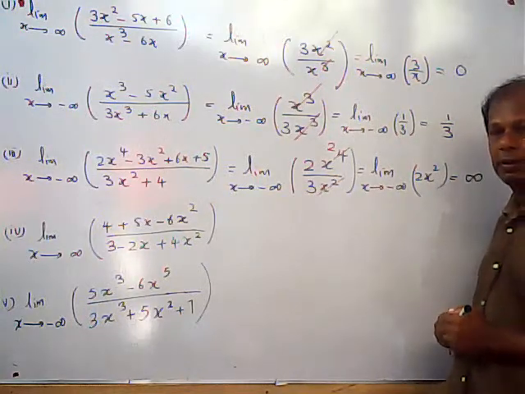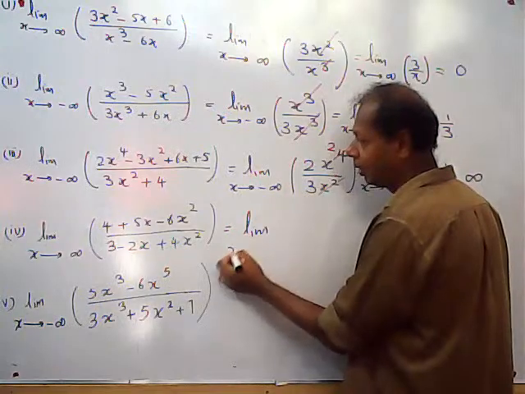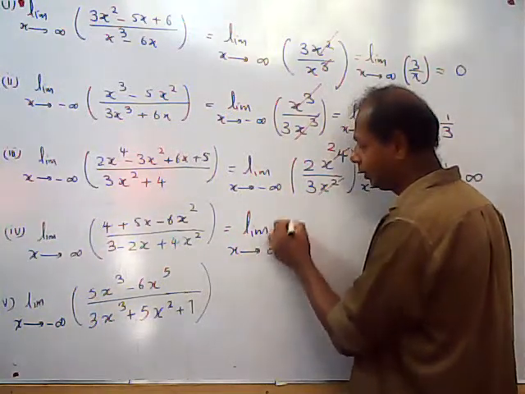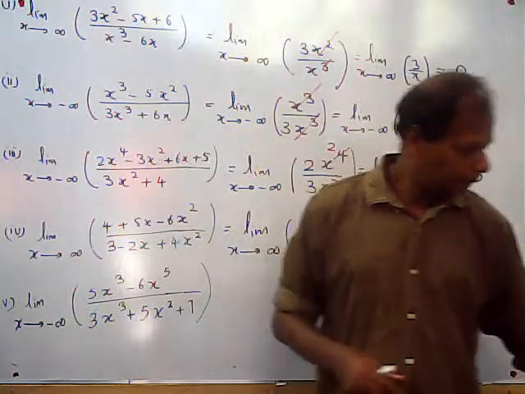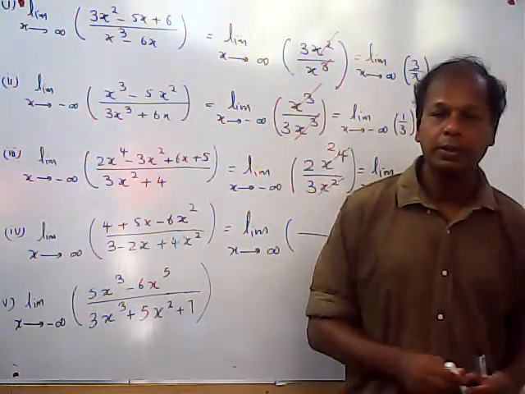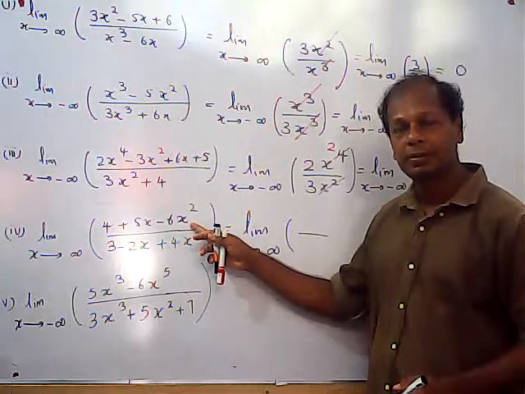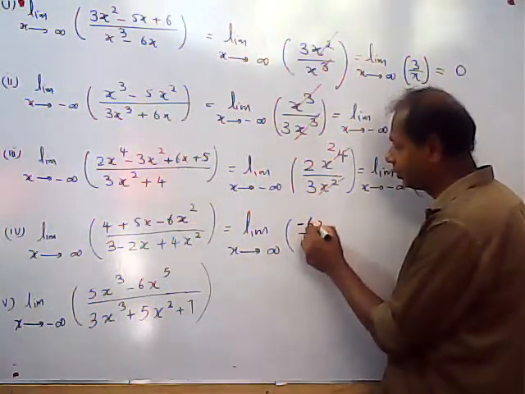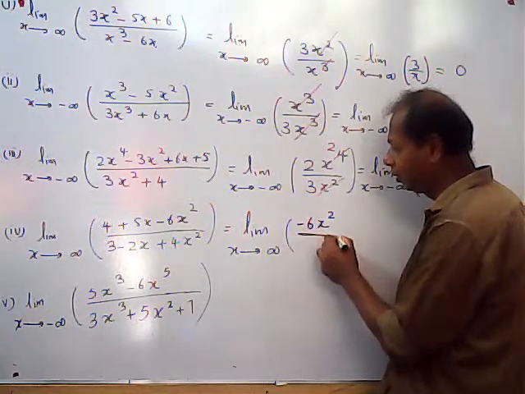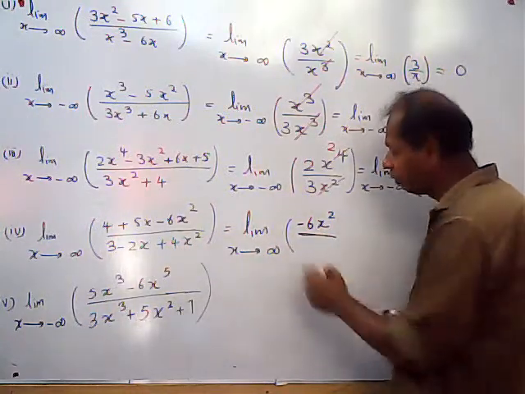Right? The next, limit as x goes to infinity. What are the highest power terms in the denominator and the numerator? The numerator highest power term is minus 6x squared, divided by the denominator highest power term, which is 4x squared.